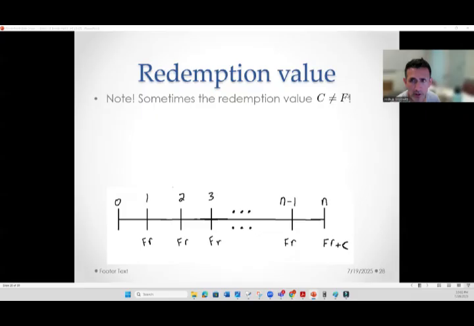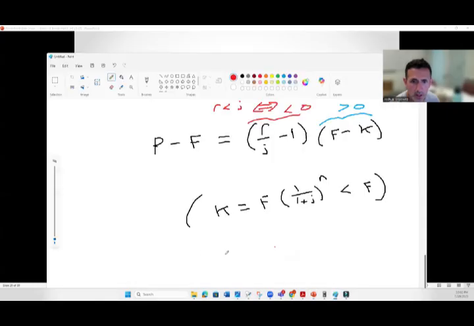Still, we're going to have F, and F is used to compute coupons, which are just F times R, like we've done in the previous video. So the price is no different, really. You take the present value of your N coupons at my yield rate J and discount the redemption back to 0. And again, remember, what is J?